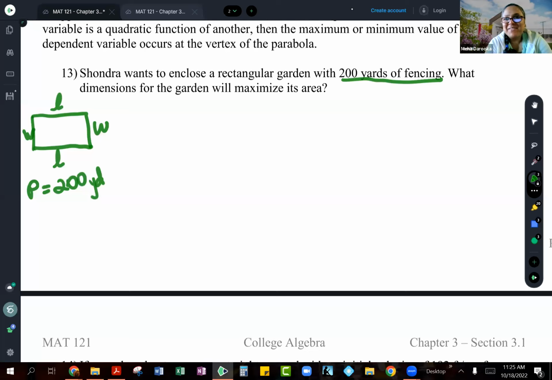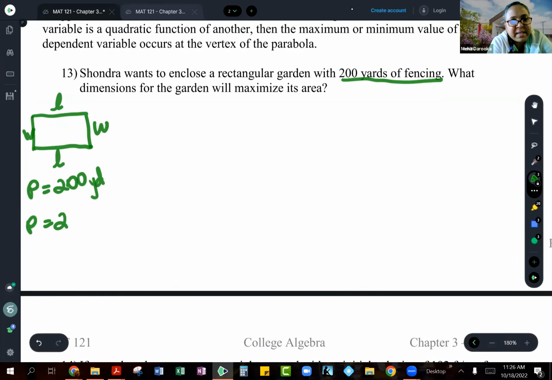Very nice, perfect. So that's exactly what we are trying to do over here. To write it out, the perimeter formula is, since you have the two lengths, we add the two lengths together plus the two widths together. And then of course we know our perimeter is 200 yards. So you can replace that and write this as 200 equals 2 times the length plus 2 times the width.